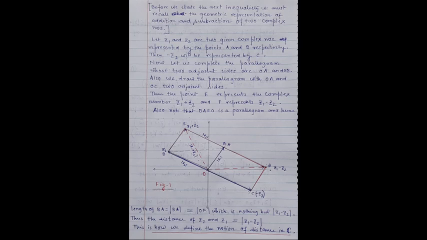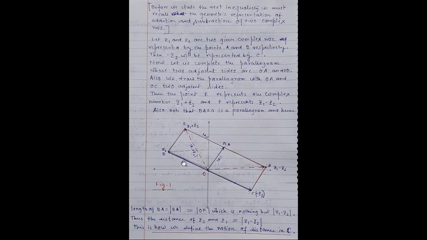If you add two complex numbers, you get a complex number. If you subtract one complex number from another, you get another complex number. Now, these complex numbers are represented on a plane as points, so how are the addition and subtraction of complex numbers represented with respect to these two numbers in a plane? That's the question. So that's a geometric interpretation of addition and subtraction of complex numbers.